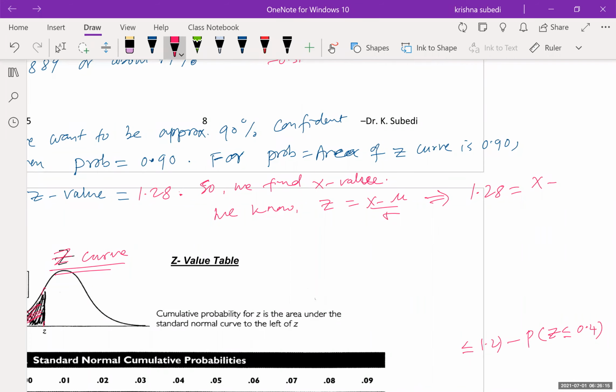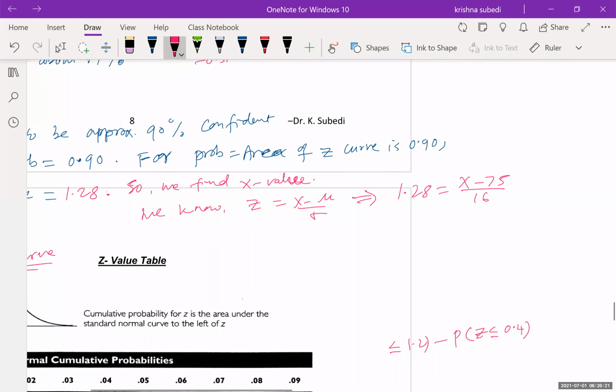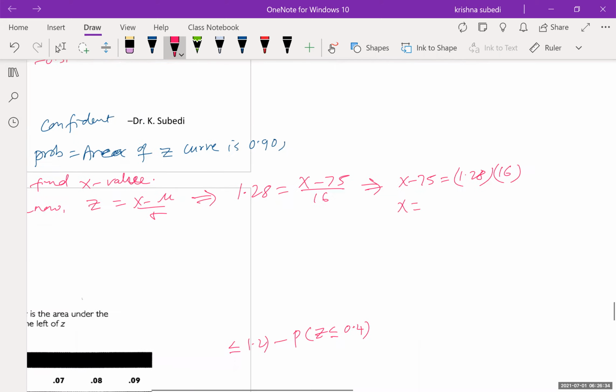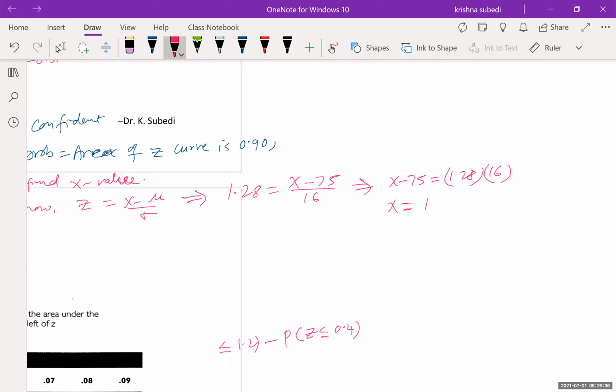What is mu again? Is that 75? And the standard deviation is also given, I think 16. So you solve this: X minus 75 equals 1.28 times 16, and so X equals 1.28 times 16 plus 75.